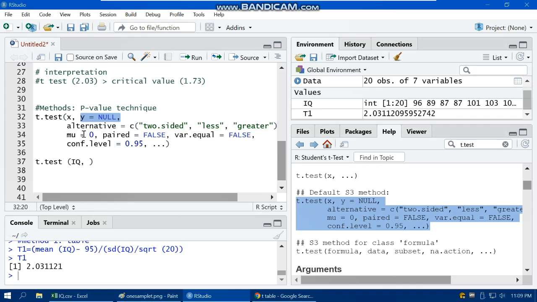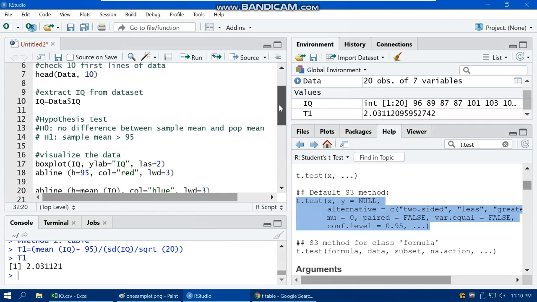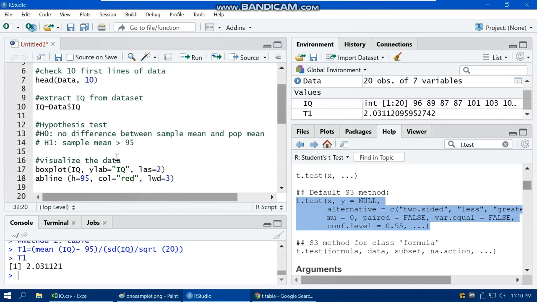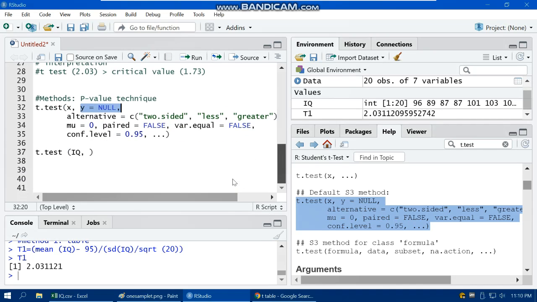So the alternative hypothesis, for this case, is only greater than, right? So the alternative hypothesis is greater. If it was left-tailed, we should use less. If it was a two-sided test, we should use two.sided. So I just type alternative equals greater. Okay, and the mean was 95, right?